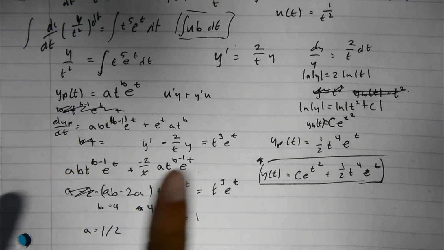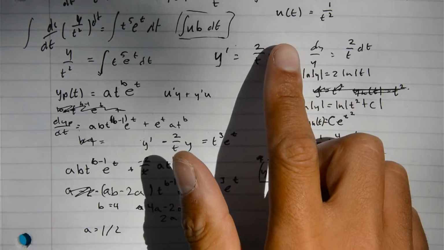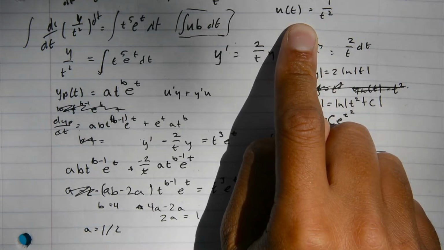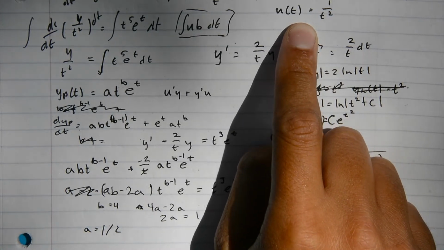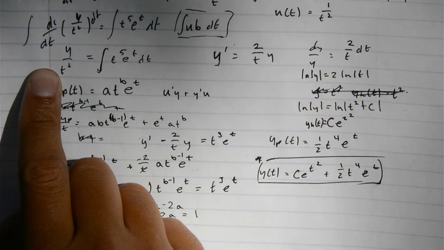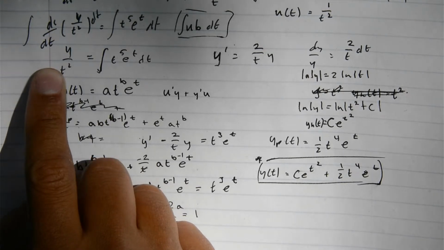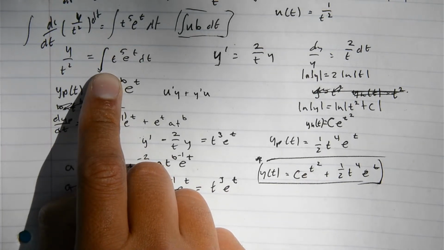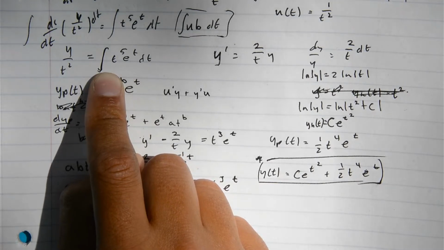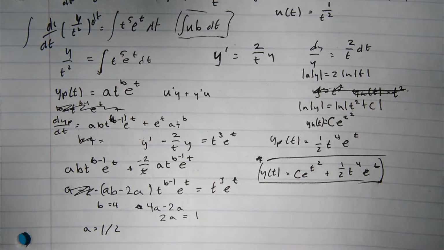Okay, so let's see. How far did I get? So I got this, so that's correct. And I multiplied both sides by it, so then I get this is equal to this integral. Wait, what happened? Oh, you know what? We did this wrong.